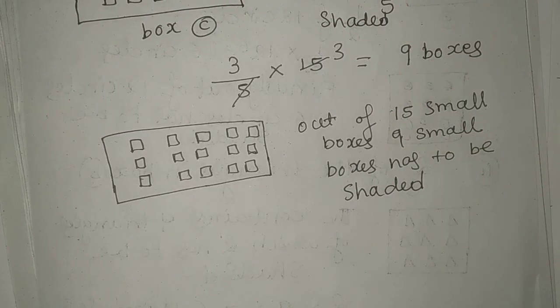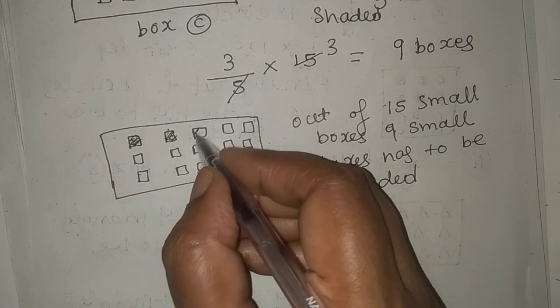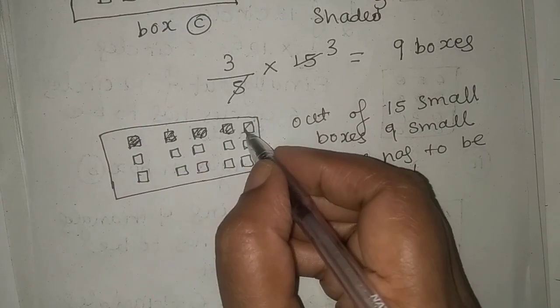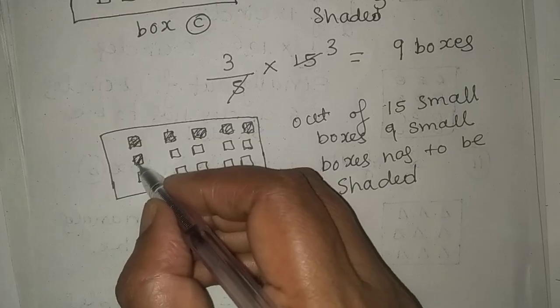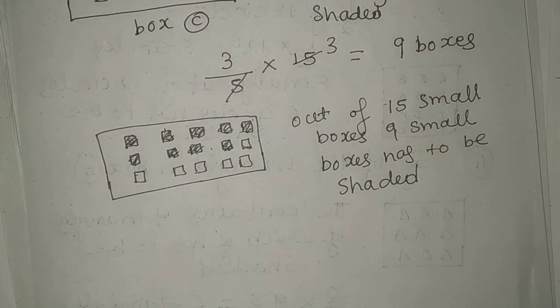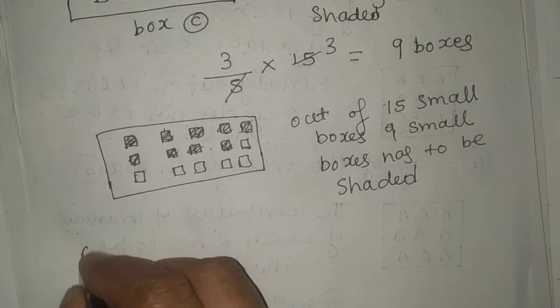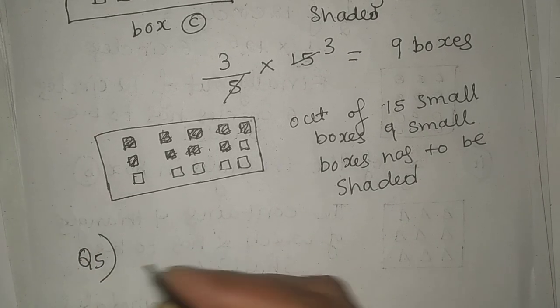So now you have to shade 9, that is here, first row shade all, then 5 boxes shaded, then 4 boxes remaining. This is the solution of the question 4. Question 4 is completed. Now we move on to the question 5.